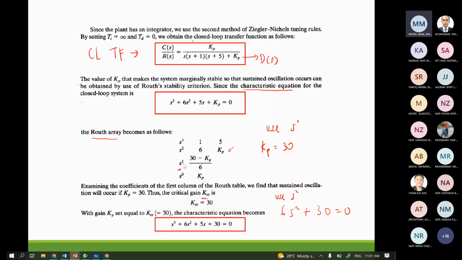Then similarly use the s^1 row to get the value of Kp. So you get Kp equals 30. Kp equals 30 is the critical gain Kcr, the value of Kcr at which the system will oscillate marginally.